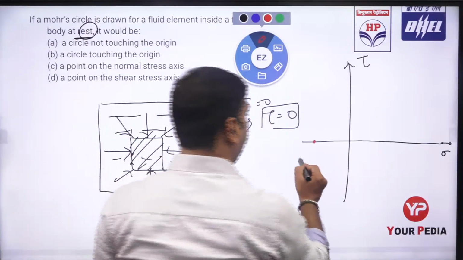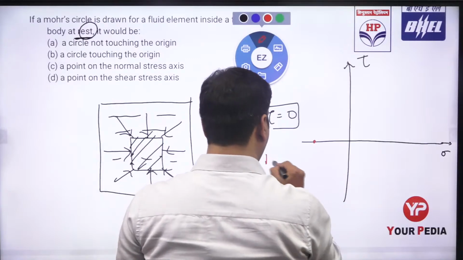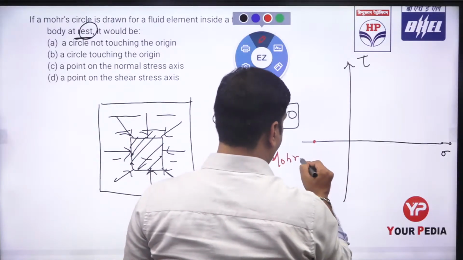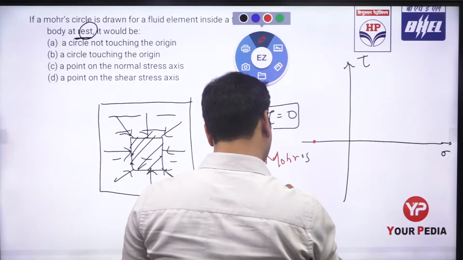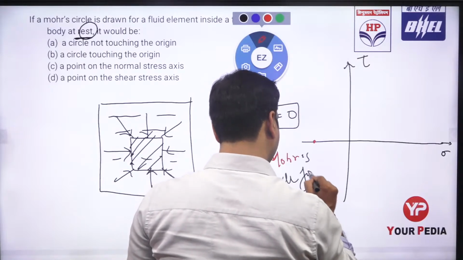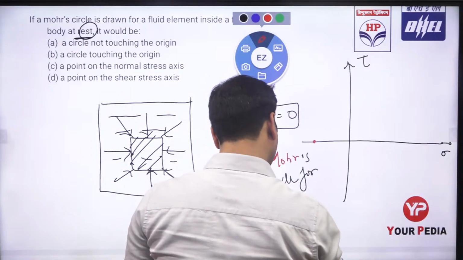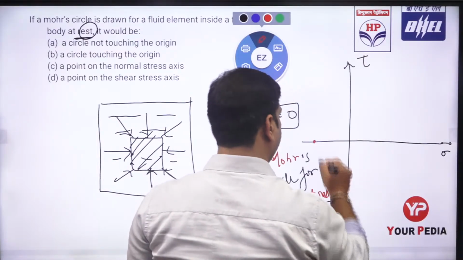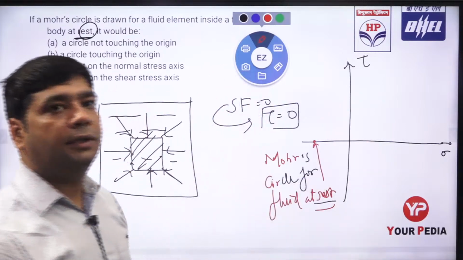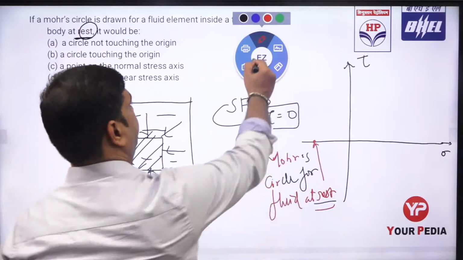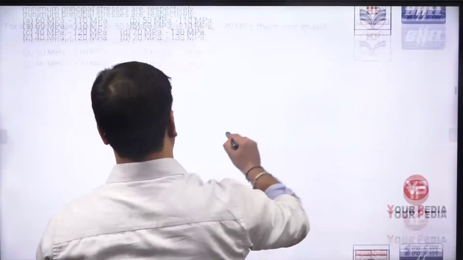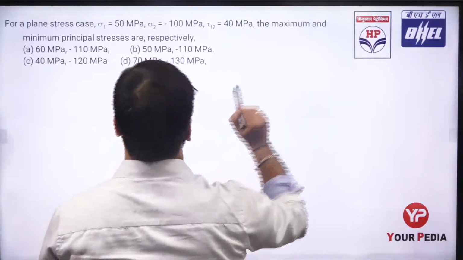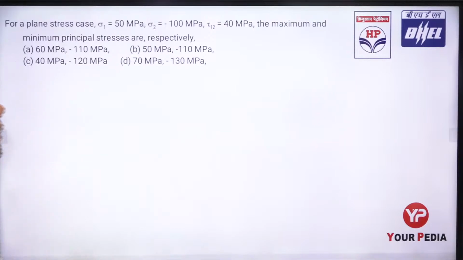This is the point: the Mohr circle for a fluid at rest condition. Is this clear? Okay. Just solve this one. Take 20 seconds to solve this numerical.